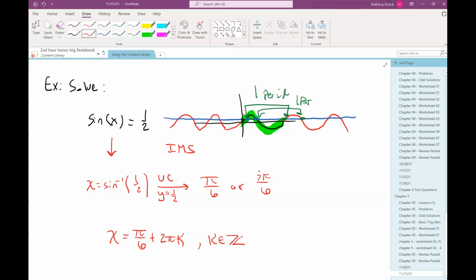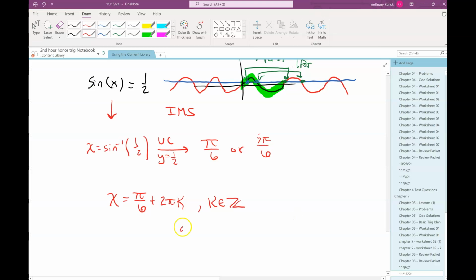That's what the plus 2 pi k, where k is an integer, is representing. Is if you're adding or subtracting any multiple of 2 pi, you can get another solution. Is everybody okay with that idea? And then we can do the same thing for 5 pi over 6.